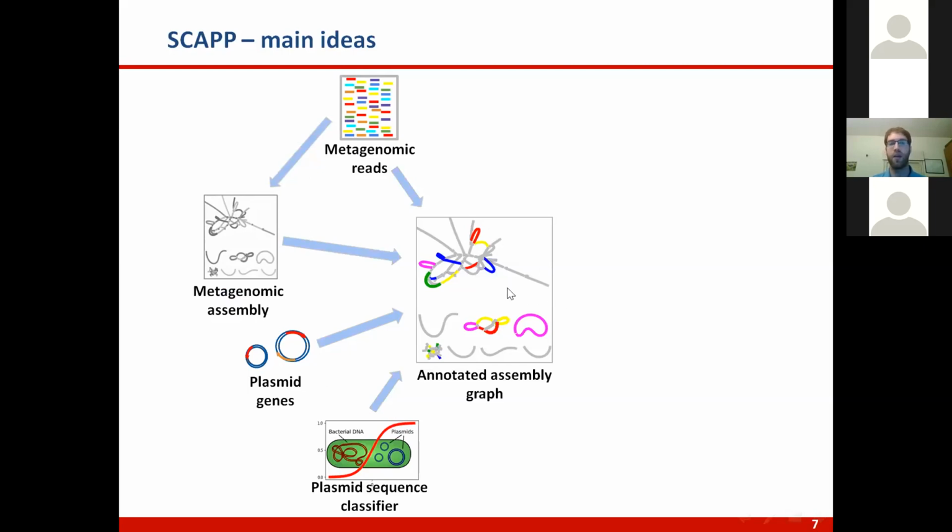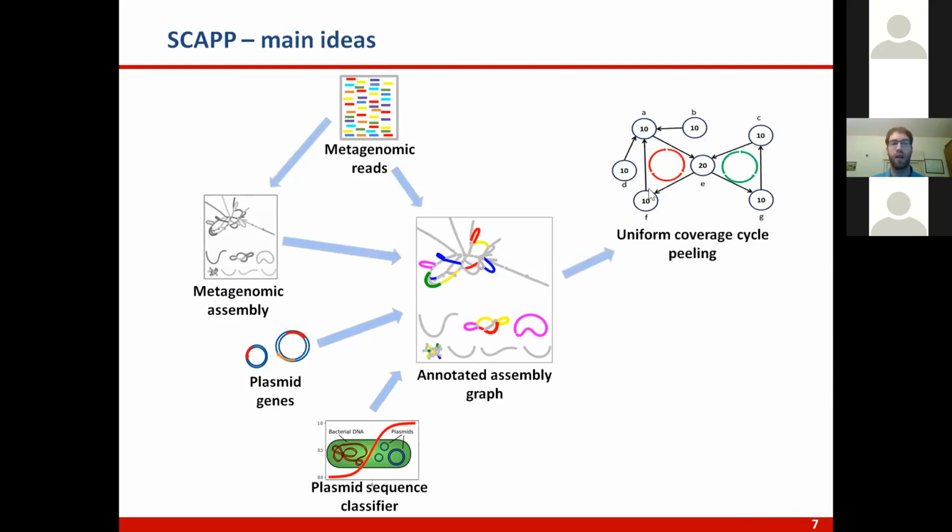Given the annotated assembly graph, we then look for cycles in the graph, and we peel uniformly covered cycles from that graph to define potential plasmids. Given a large set of potential plasmids, we filter them in order to identify the true or the likely true plasmids, and we return those as output from our algorithm as the assembled plasmids.